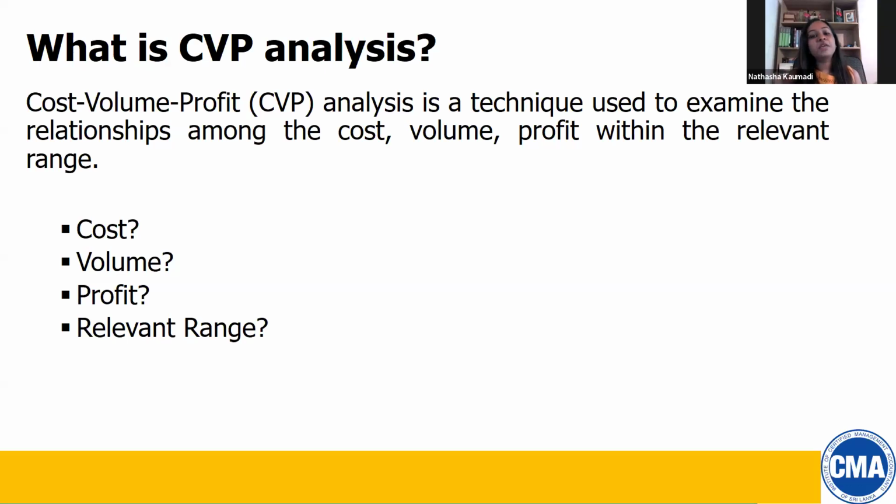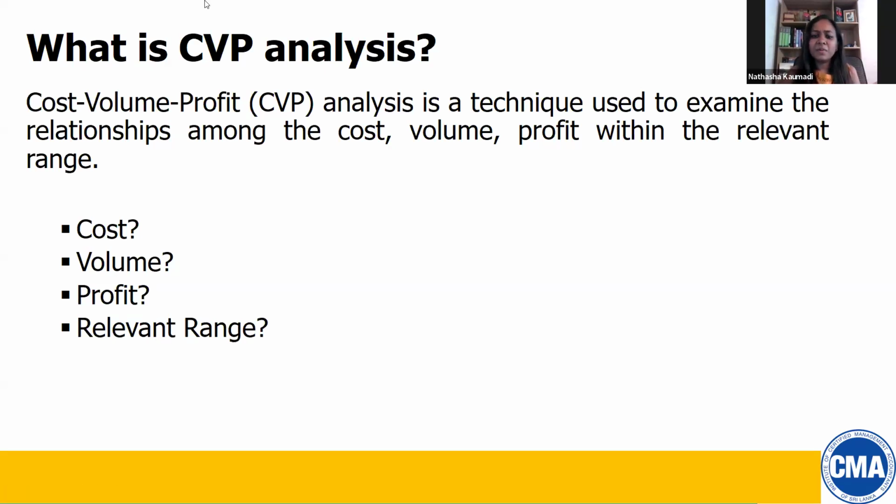No. CVP is used in the short run. Remember, that is very important. You can learn CVP analysis from textbooks or anything, but if you don't know how to apply CVP in your business, whether it is a long run decision making tool or a short run one, that is very important. So, a short run decision making tool.